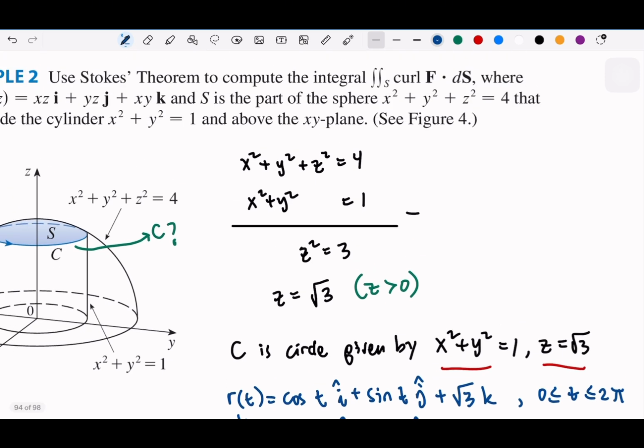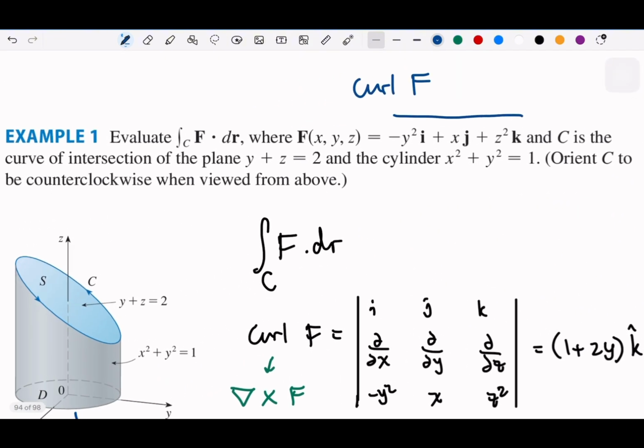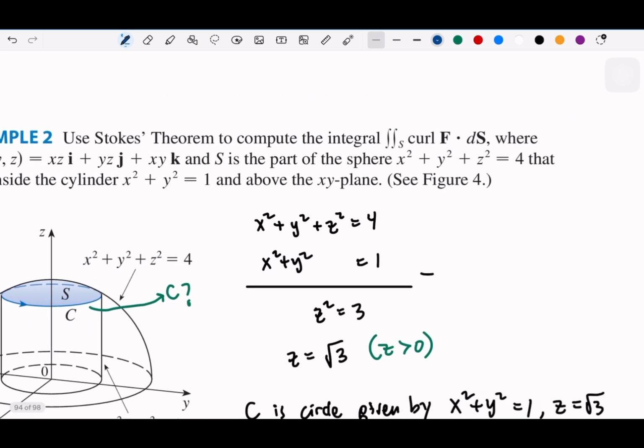So basically, the first one is evaluating the line integral F dot dr and then changing to a surface integral. The second question is evaluating the surface integral and then changing into a line integral. So we are taking these two sides.